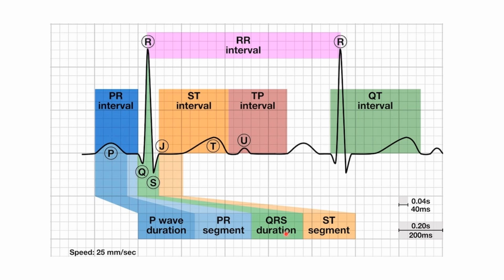So if we measured this, because as you'll see on the next slide, this axis across here is time. So if we measured this and we identified that our QRS duration is widened or narrowed, then that could represent an abnormality. It could mean like an electrolyte imbalance or maybe like a side effect of a medication. And we can catch that on the ECG monitor maybe before the patient even has any other signs and symptoms.